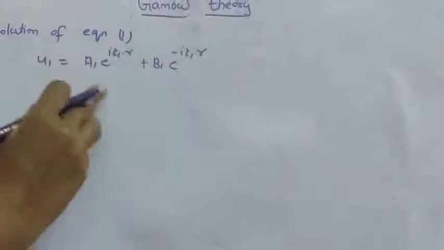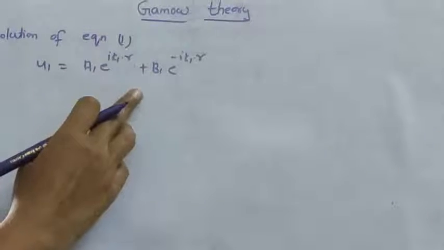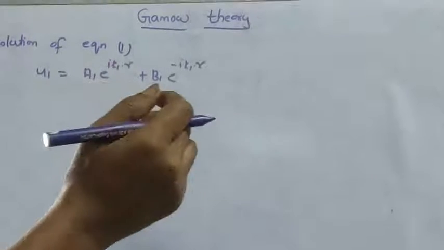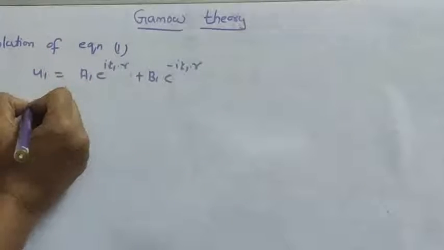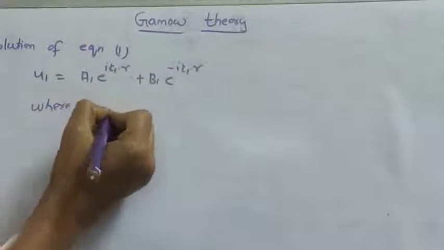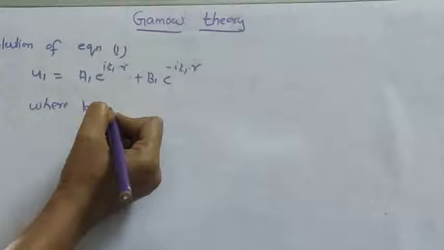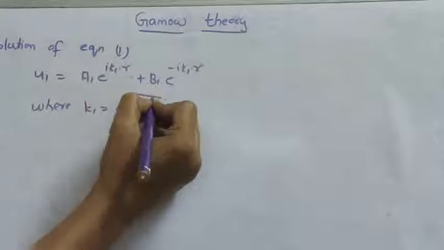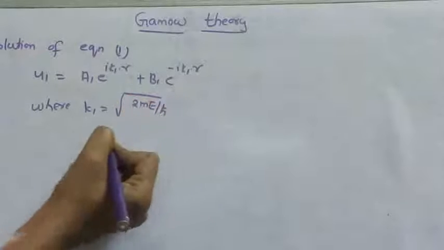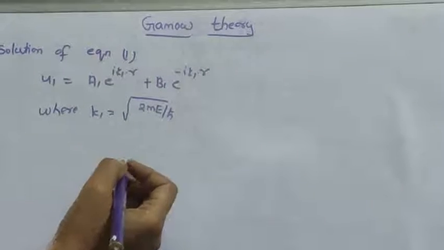So this is the solution for the Schrodinger wave equation for region 1. Here k1, where k is nothing but the wave vector, is equal to √(2mE)/ħ.